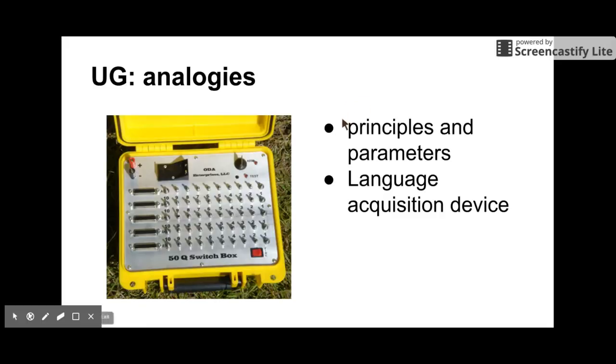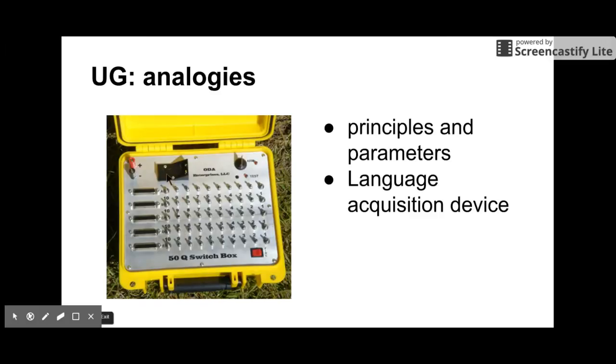In the framework of principles and parameters, which is also a school of thought of Chomsky's generative grammar, the idea is that in our brain there's a little device called the language acquisition device. It's like a black box, and we can imagine this black box would be something very similar to the box in this picture.